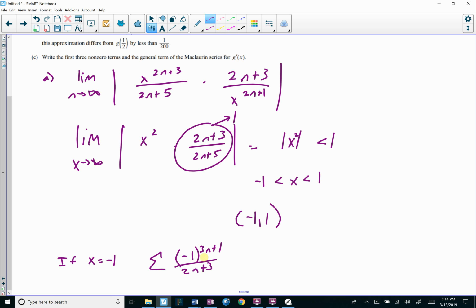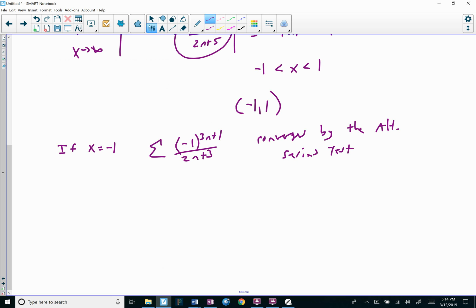Now this is an alternating series, and its limit is 0. So it tells me it converges by the alternating series test. I'm not going to get into showing all that work there. Like I said, it's very few points. I just need a justification.